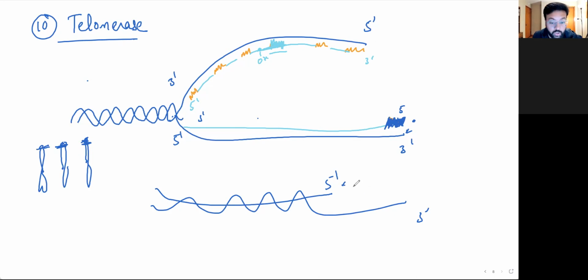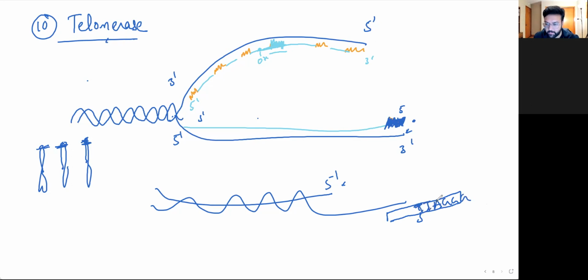To prevent shortening, we need the help of the enzyme telomerase. What telomerase will do, it will bring an RNA template. So this is the RNA template. Every telomere will have a common sequence. Let's say the RNA template here is, this is the template you need to remember, TTAGGG.